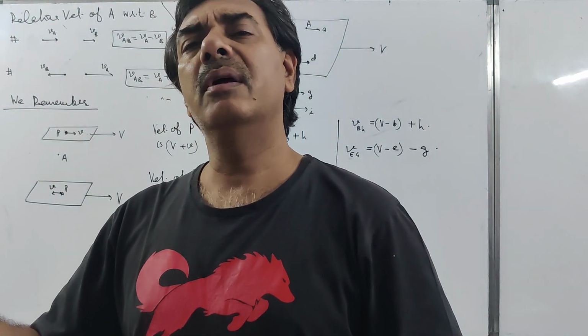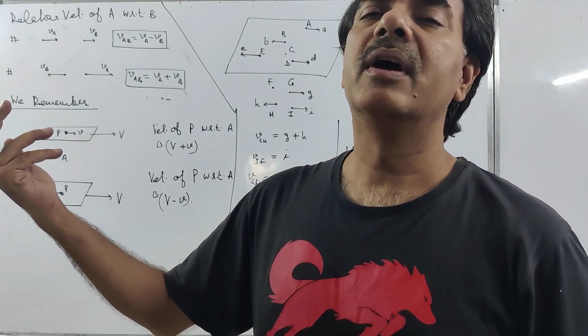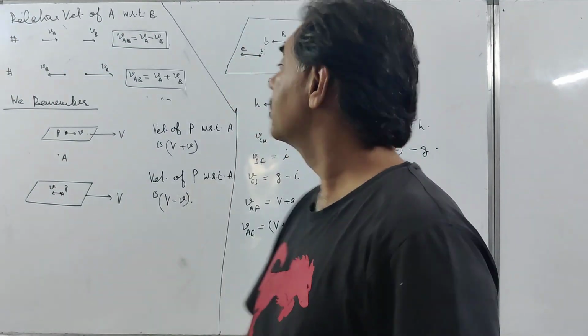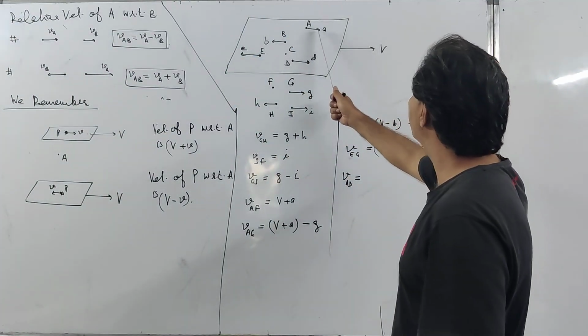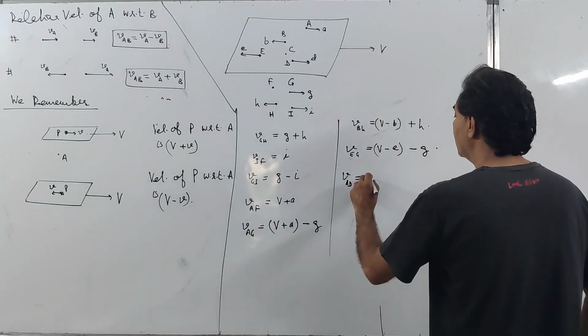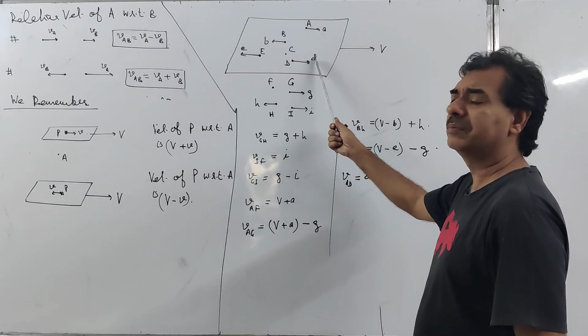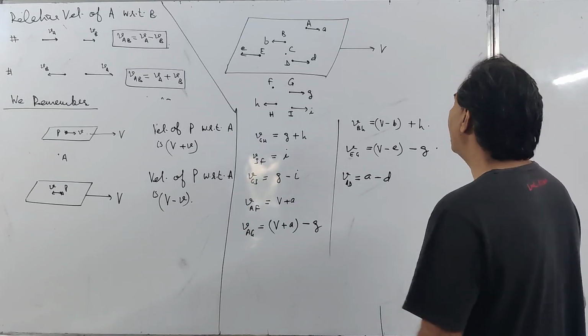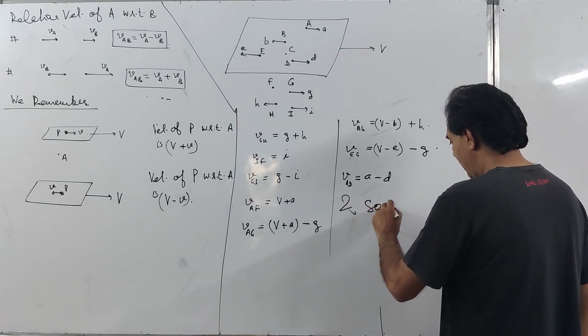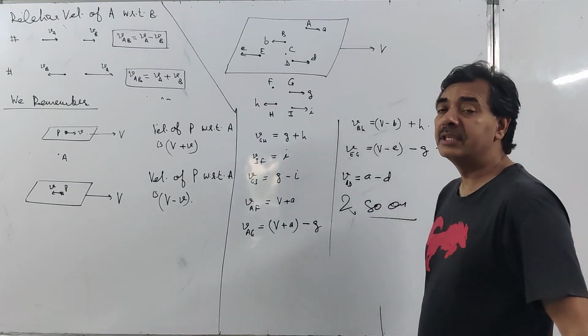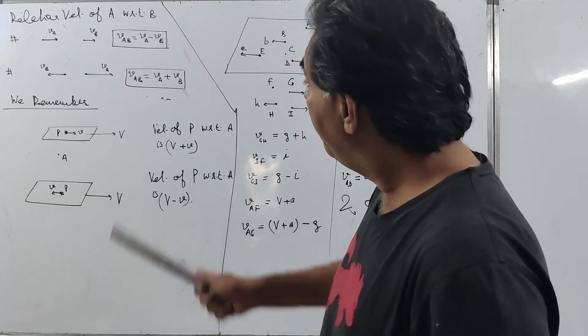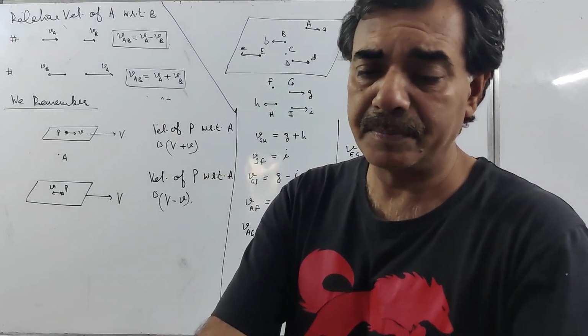You are going in a train. The train is moving. You are in the same frame of reference. So this is A with respect to B. This is going to be A minus B. Two objects moving in the same direction. And so on. Hope these examples have mixed up both the concepts.